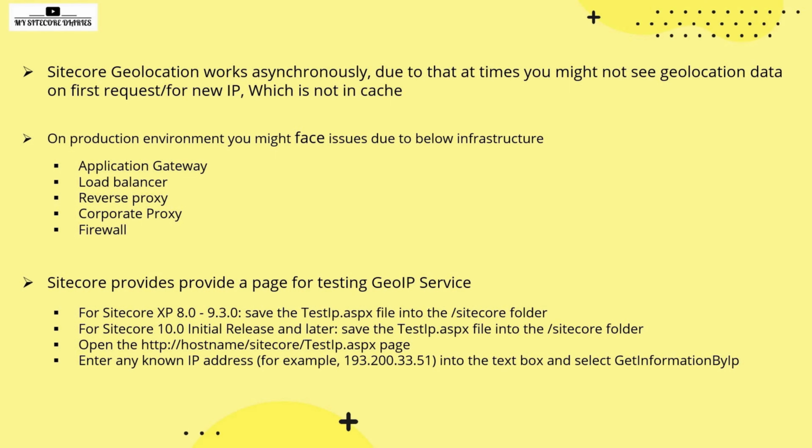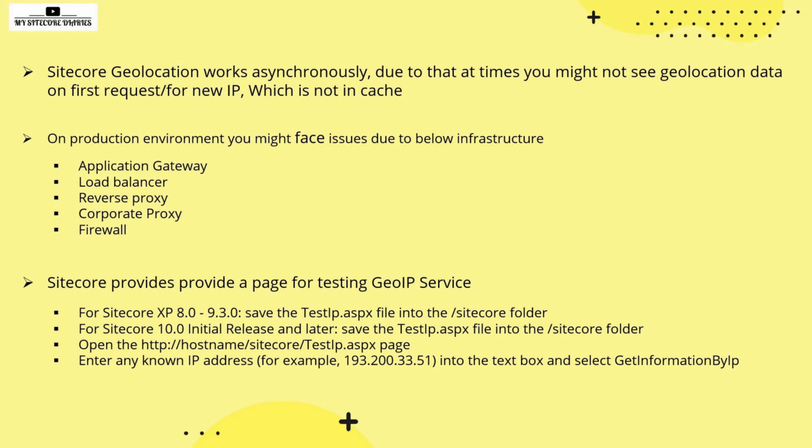Then Sitecore provides a page for testing the GeoIP service. For the lower versions, from 8.0 to 9.3.0, it uses a test ip.aspx file in the Sitecore folder. Lower than that you don't have a GeoIP service, so that's why it is from 8.0 to 9.3.0.